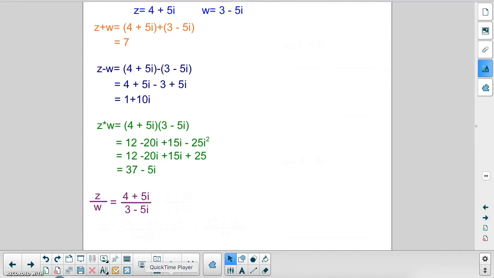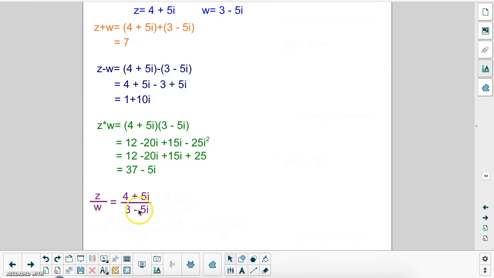Next I'm going to be dividing. So I have 4 plus 5i and 3 minus 5i. But having that imaginary term in the denominator is kind of a no-no. We want to fix that. So I need to multiply by the complex conjugate. The complex conjugate of a complex number, when we have a minus bi, is just a plus bi.